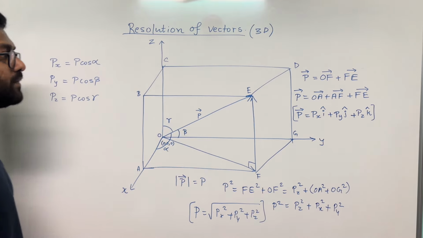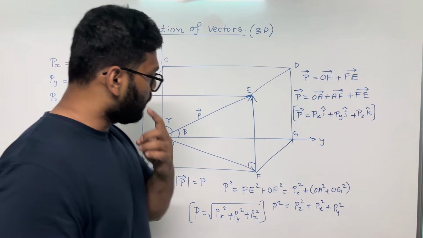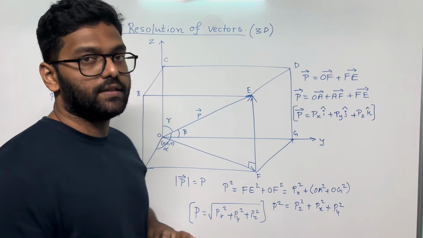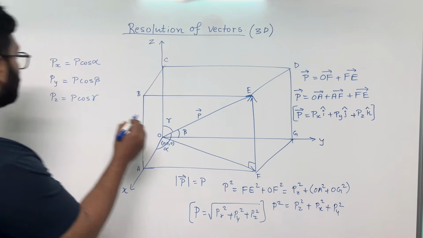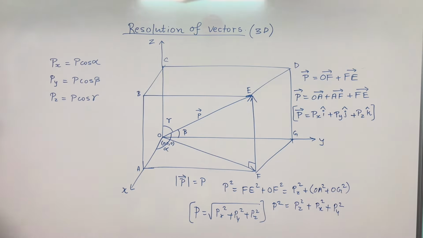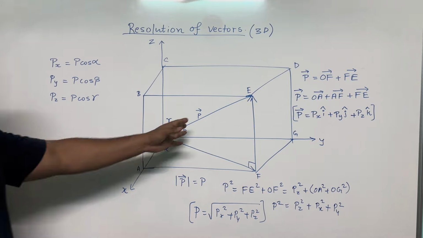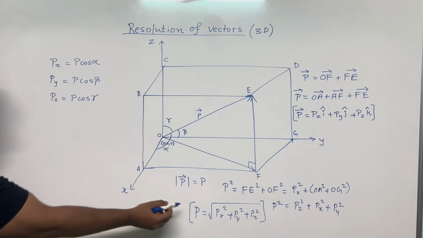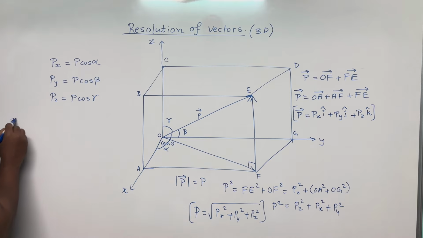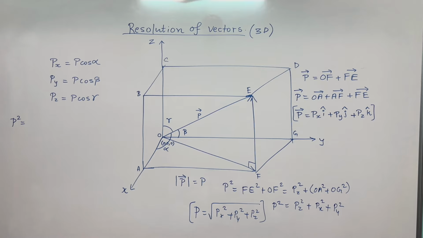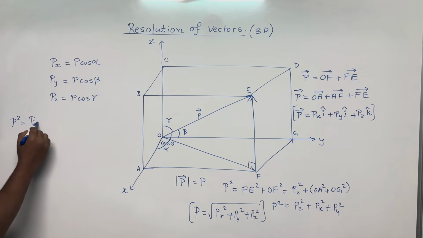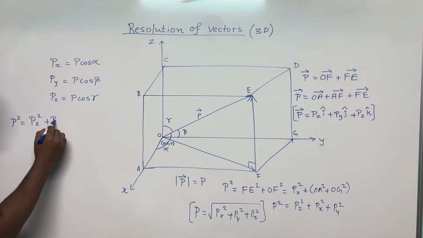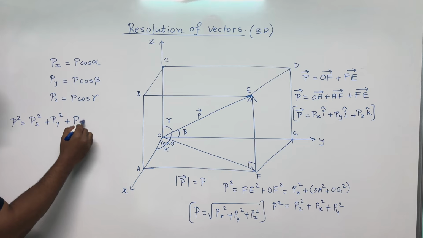One more thing that I want to talk about is the relationship between the direction cosines. As I told earlier, cos alpha, cos beta, cos gamma are called direction cosines of this vector. If I square this on both sides, I will get P square is equal to Px square plus Py square plus Pz square.